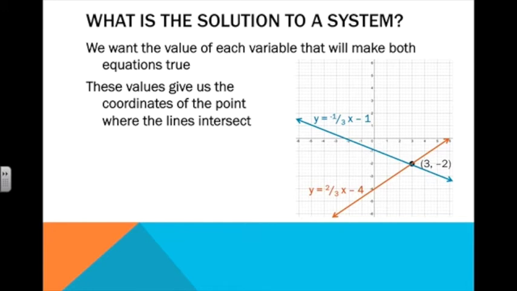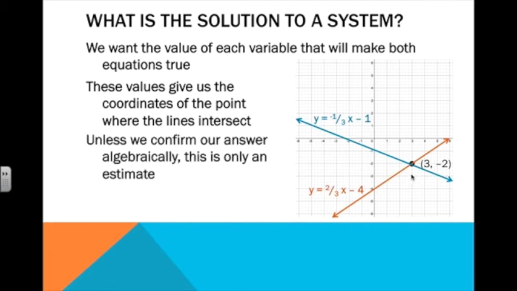For example, if we were to look at the lines y equals negative 1/3 x minus 1 and y equals 2/3 x minus 4 on a graph, we can see that they appear to intersect at the point (3, -2). Note, however, that this method of solving systems is only an estimate until we confirm the solution algebraically.